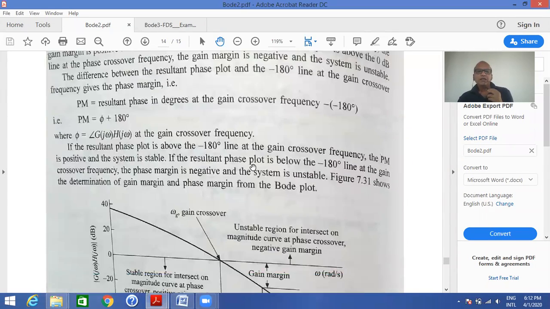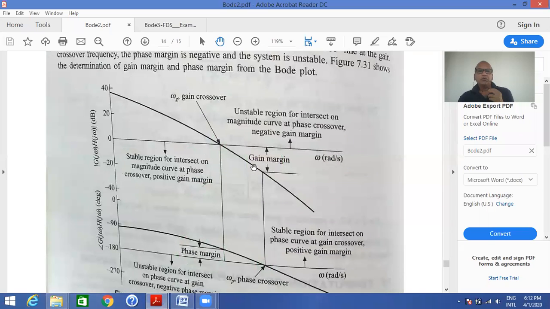GM and then PM. At the time of sketching, you may draw the magnitude Bode plot and the phase Bode plot, and then mark the gain crossover frequency and phase crossover frequency, extending the lines up and down.